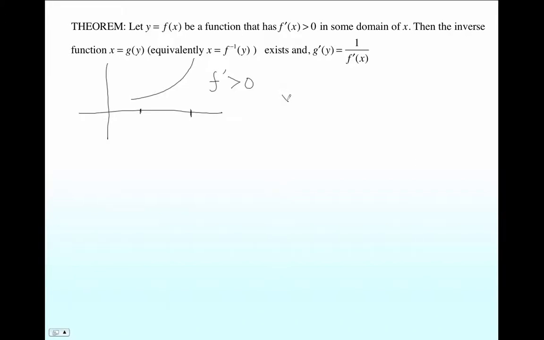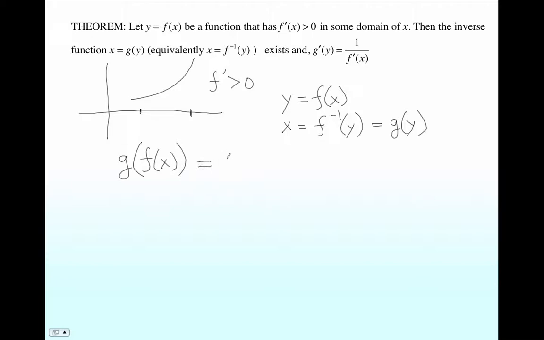And now, if y is written as f of x, then since the inverse exists, you'll write x is f inverse of y. But maybe we don't like to write inverses too much, so let's call f inverse g. So x is g of y. Okay? Let's remember what the definition of the inverse is. That definition says that the inverse acting on the function itself always gives you x.